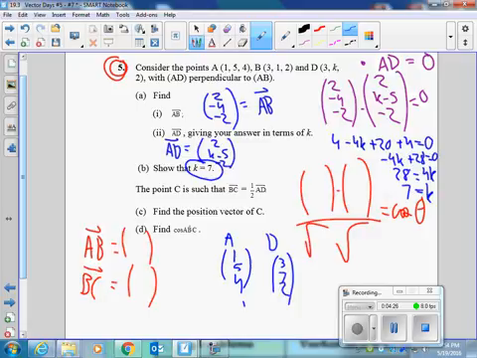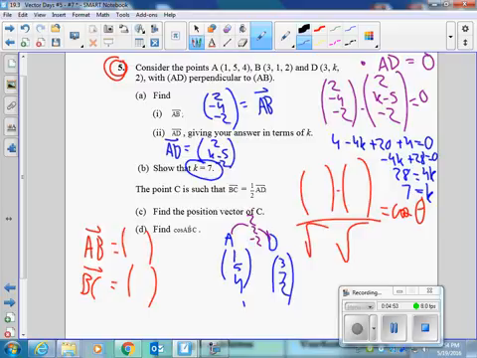Notice that I let K equal 7 because we found that. So what's AD then? 2, 2, negative 2.